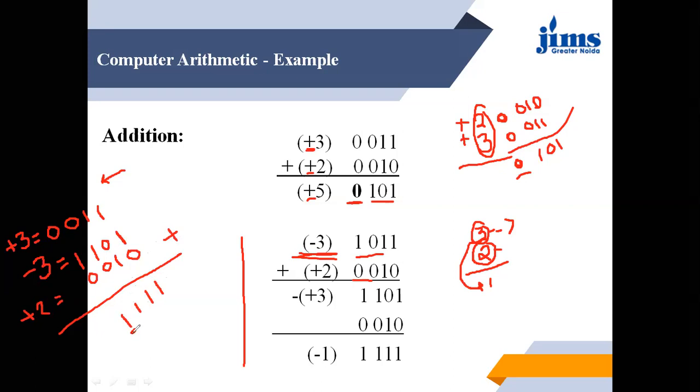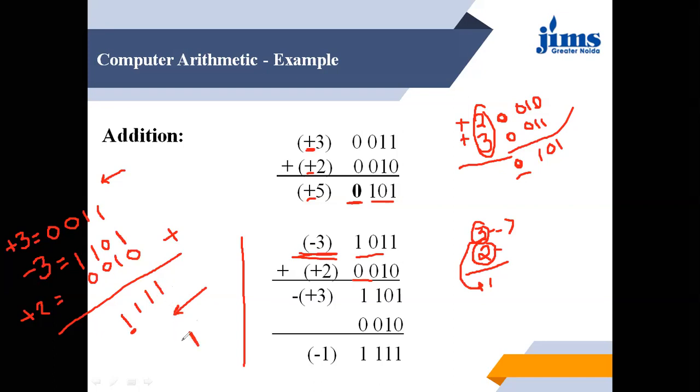So to check the value of this number, again we have to convert it into 2's complement. When we start from right to left, the first bit is a 1, so write this bit as it is and change the remaining bits from 1 to 0 and 0 to 1.